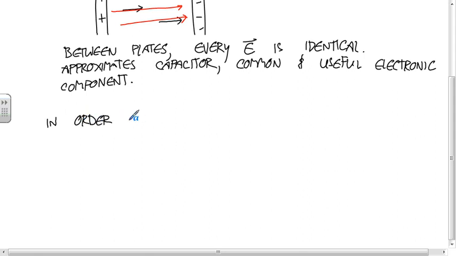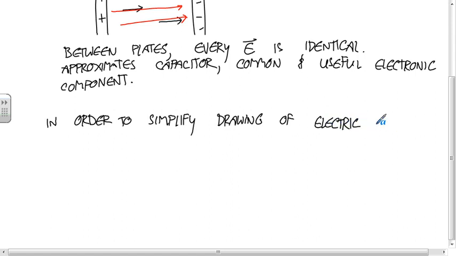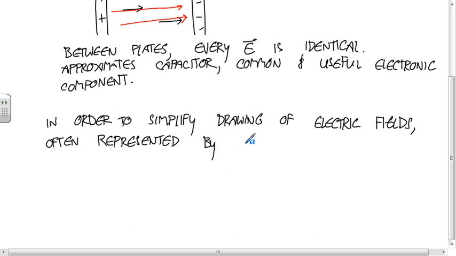In order to simplify the drawing of electric fields, they're often represented by field lines, rather than those electric field vectors, rather than those E vectors.